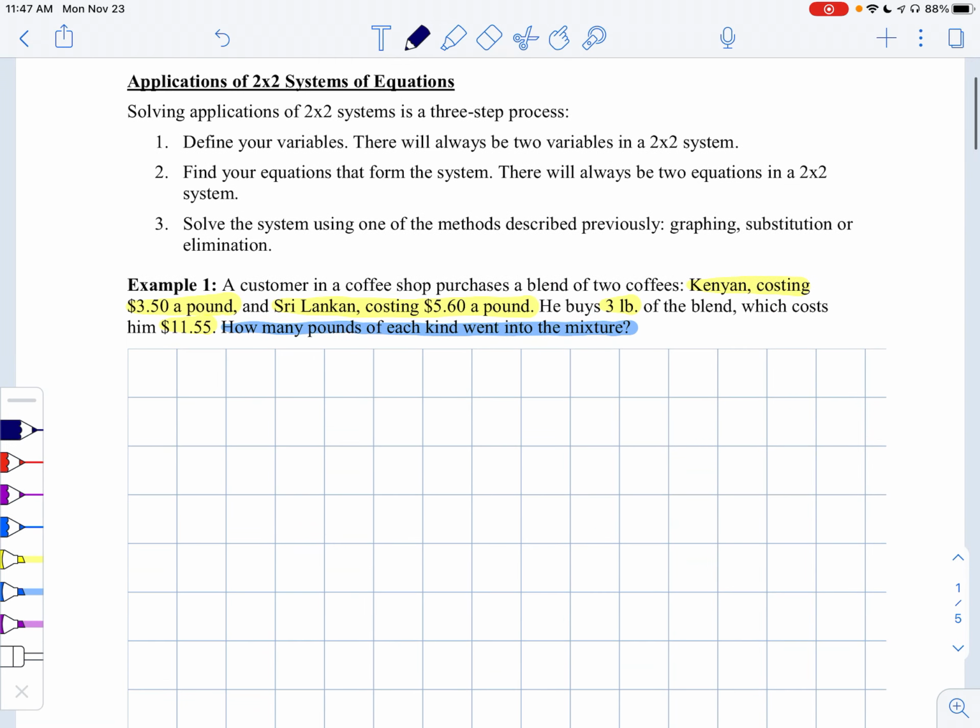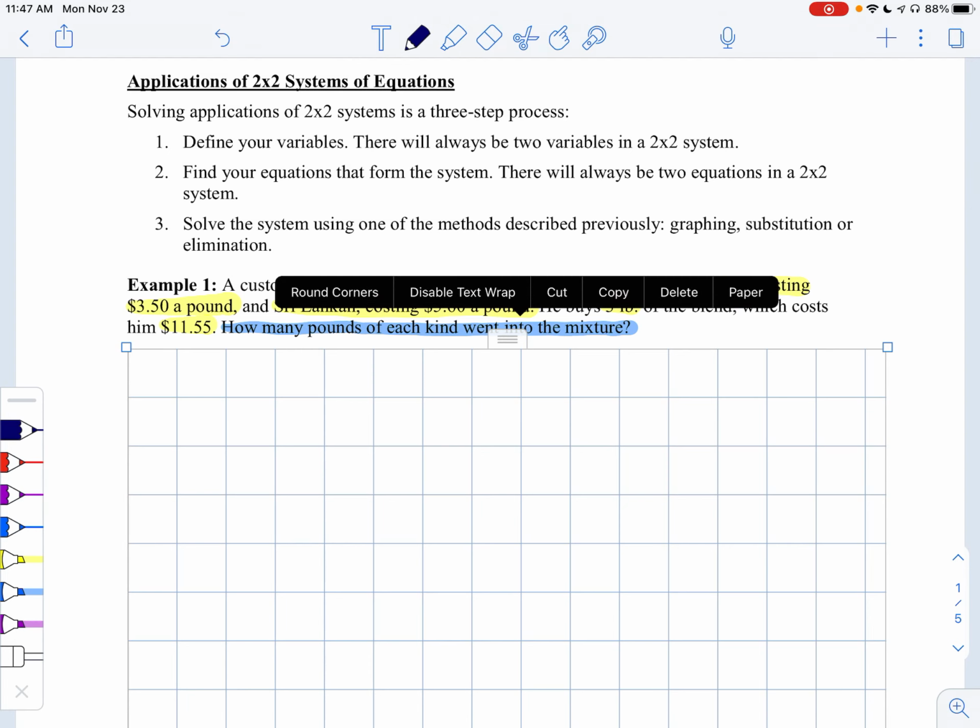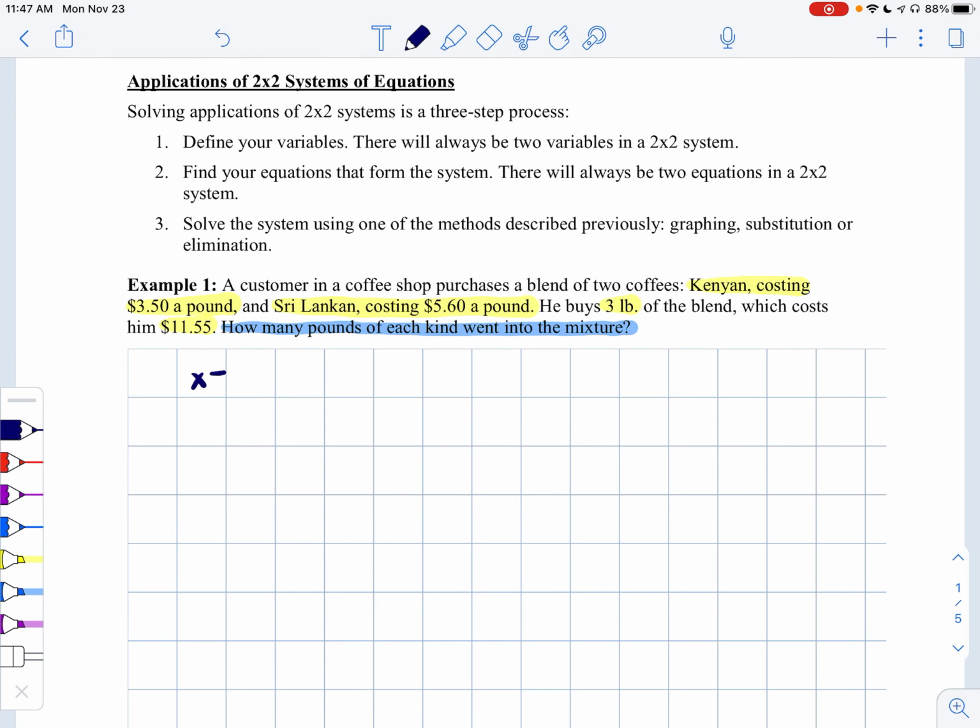Well, our two kinds of coffee are the Kenyan and the Sri Lankan. So I'm going to define my variables. x is pounds of the Kenyan coffee and y is pounds of the Sri Lankan coffee.